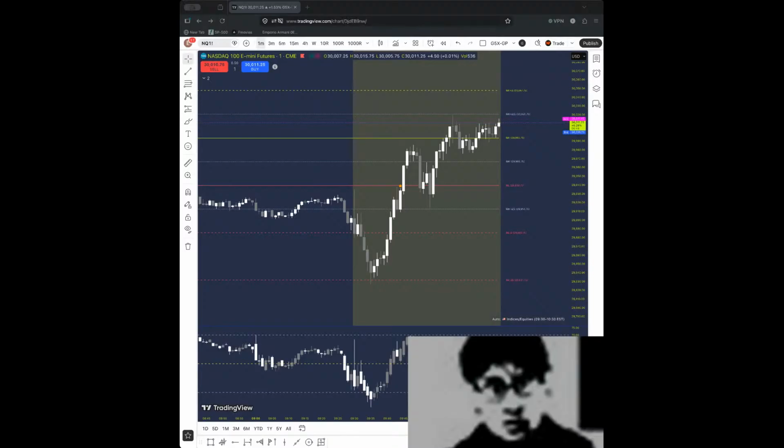You don't do a fake out breakout style move. They go hit the top with power and then immediately reverse.